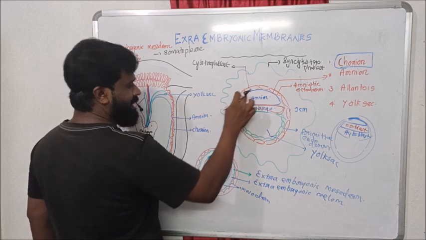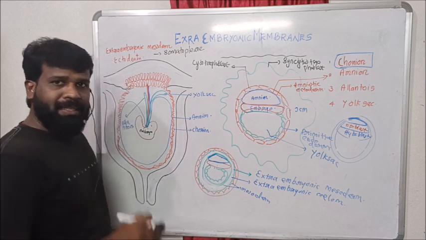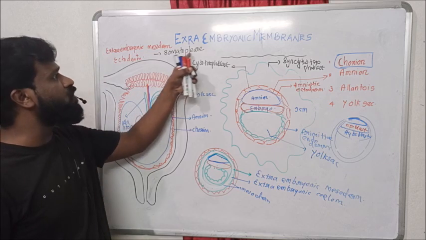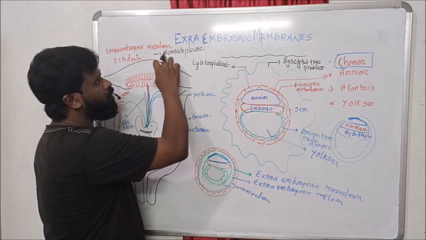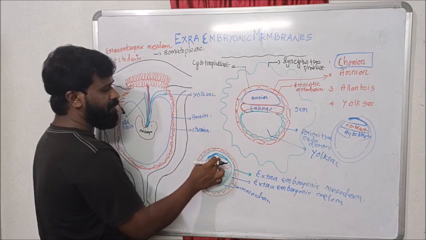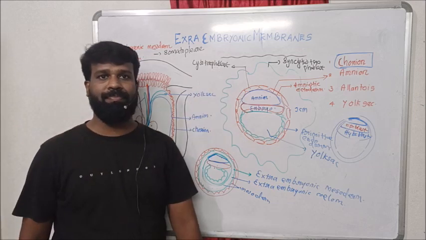That means this amniotic membrane is formed of somatopleure, meaning extraembryonic mesoderm with the ectoderm. Okay.